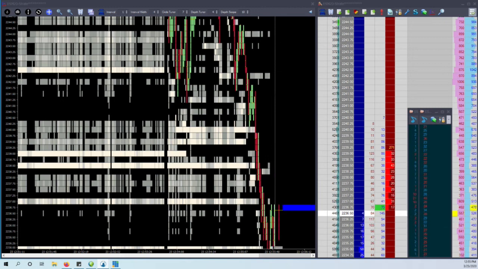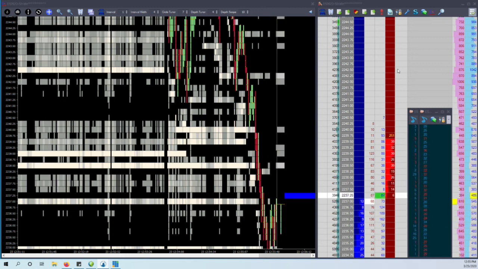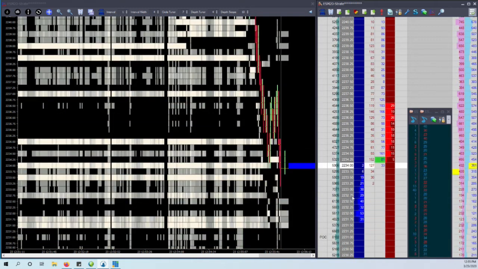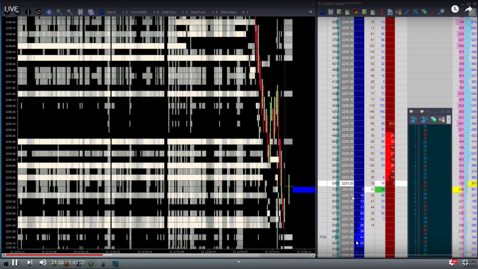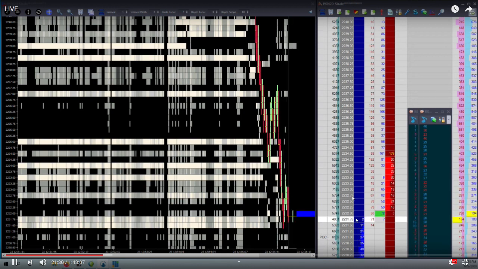I don't remember why I get back in, because I don't have the profile, so I'm just missing context. This point of control I have marked out, so it's at 31 even. It needs to bounce and kind of go away from it a little higher. Do I not take it there?